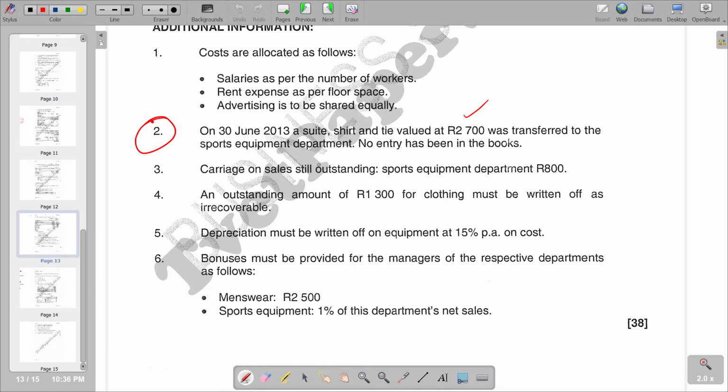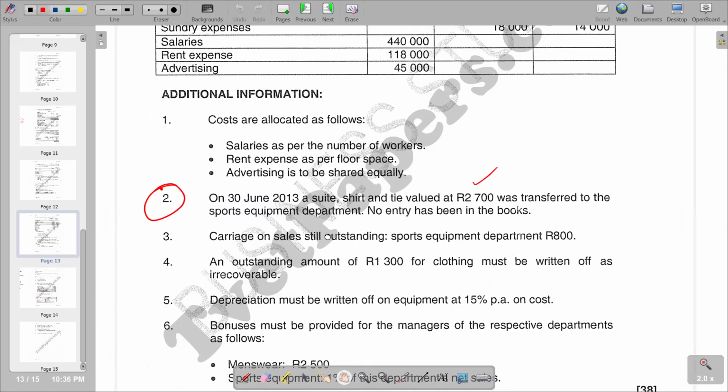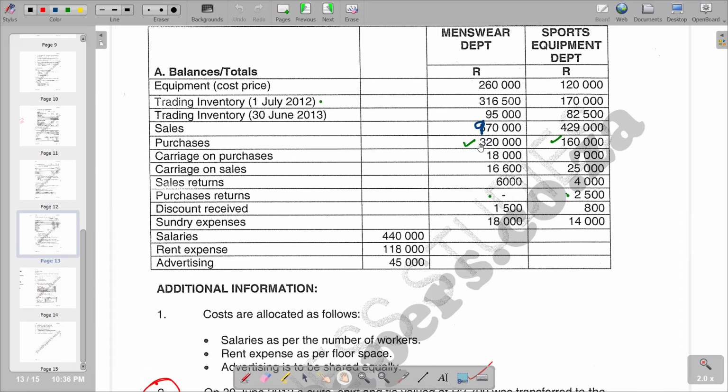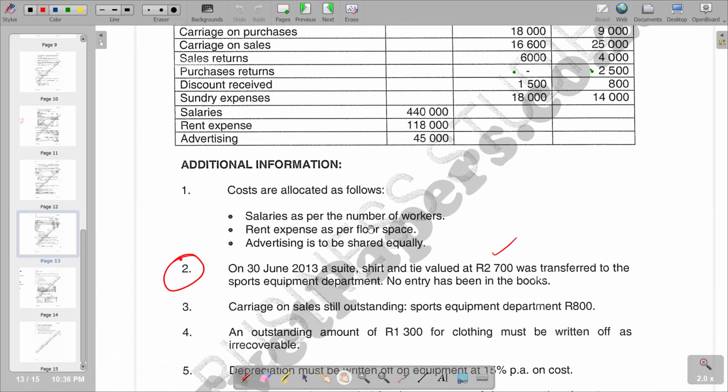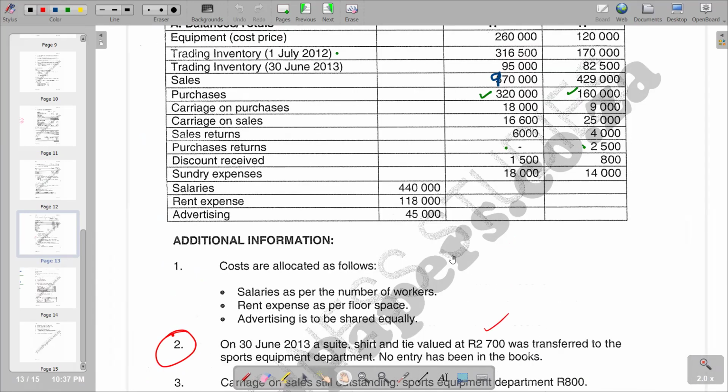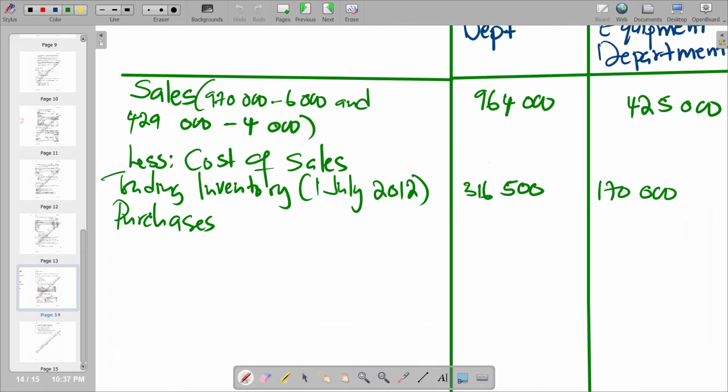So on our calculation on menswear, we are going to say the purchase figure that we have is 320,000. We say 320,000, then we subtract the movement out that we have, which is 2,700. So basically, that's what we have. 320,000 minus 2,700, so here in brackets.